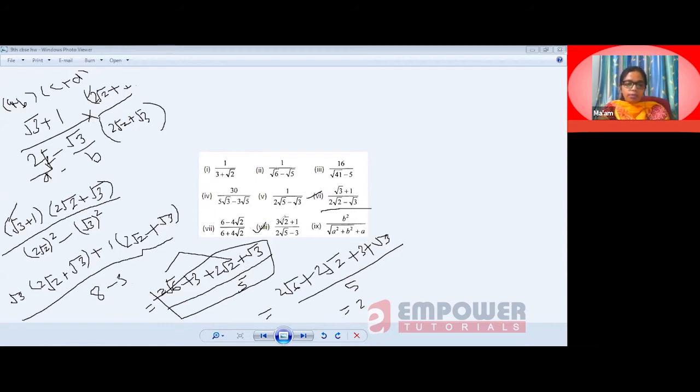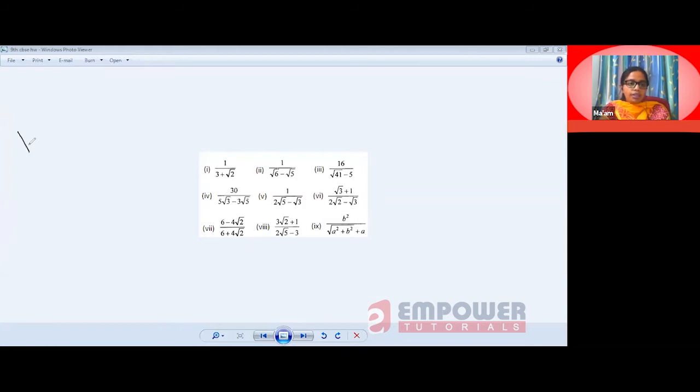Same way you have to do this. And ninth one, so in ninth one, what you have is b square in the numerator, and in the denominator you have root of a square plus b square plus a. So here, if you see, you will consider this whole term as a, and this term as b. So you have a plus b over here.